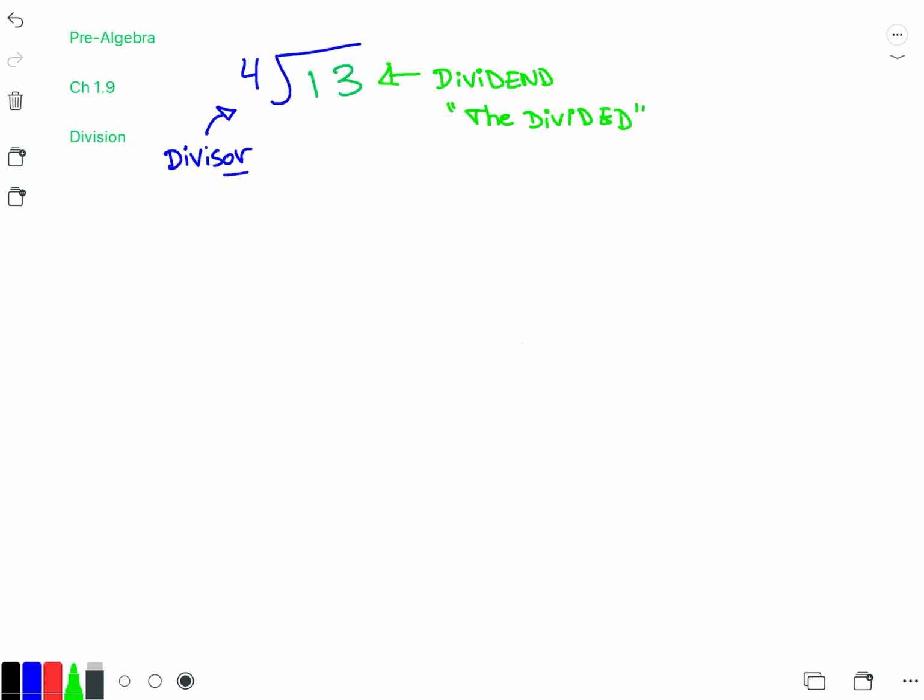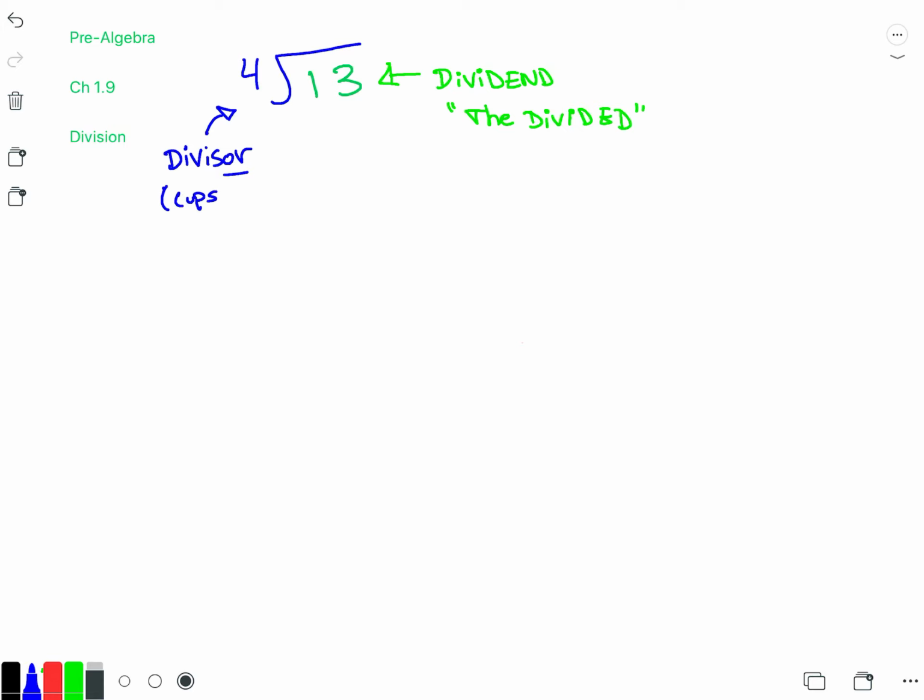So this would be 13 Skittles separated into 4 cups, right? The divisor would be the cups, or the groups, and the 13, whatever the number on the inside, will be the individuals.